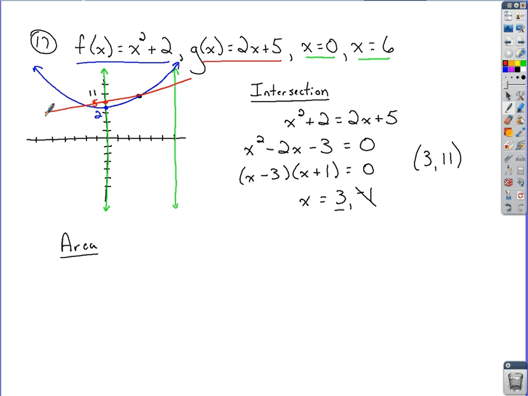That line would have to be above the curve to at least get started on this interval from 0 to 6. But we know there's this point of intersection here, so it must drop below, past that point, the other curve. What we're trying to find the area of, if we're going from 0 to 6, we're finding the area here, and we're finding the area out here.